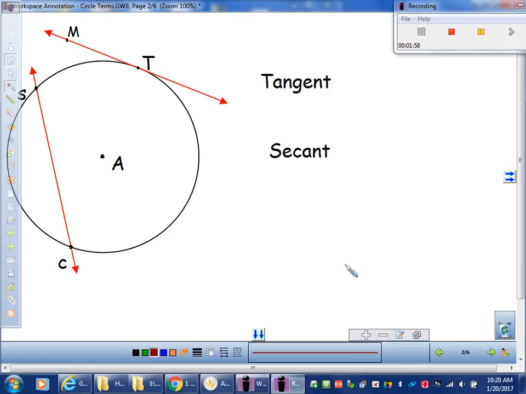The next ones we need to go over are a tangent and secant.